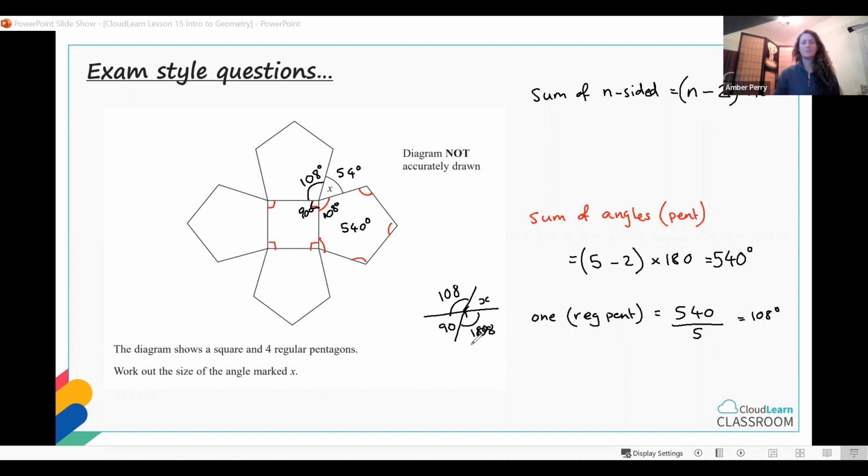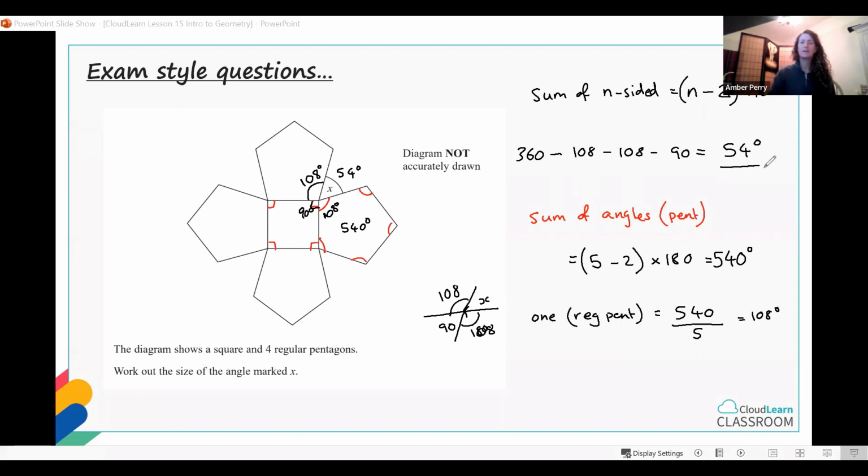They are angles at a point. So then we can do 360 minus 108 minus 108 minus 90, and your calculator should do that all for you. Or if you're feeling extra good today, you can do that in your head and you should get 54 degrees. Well done, Meadow. Well done, Tabitha.